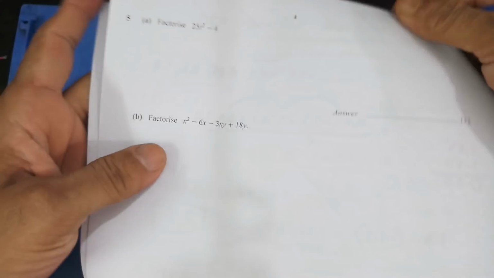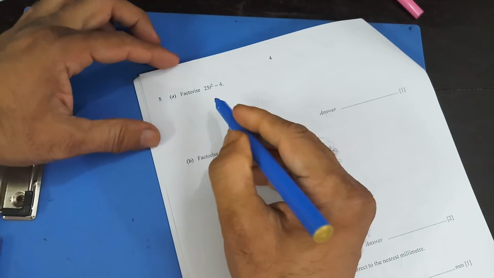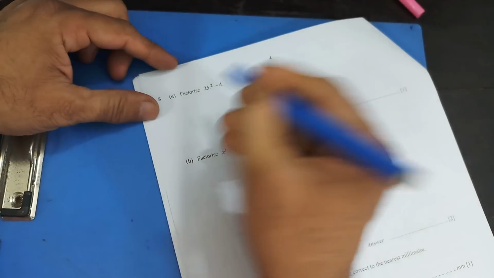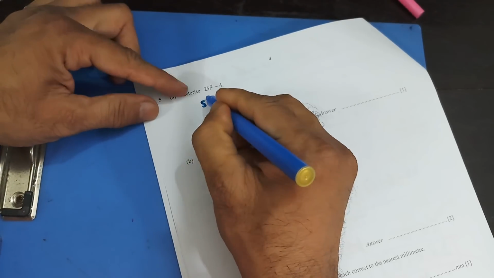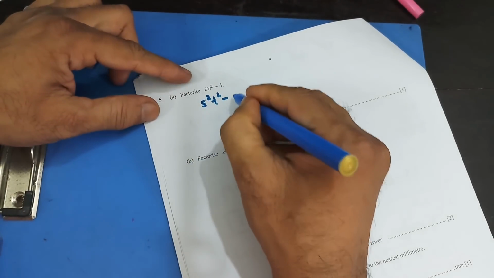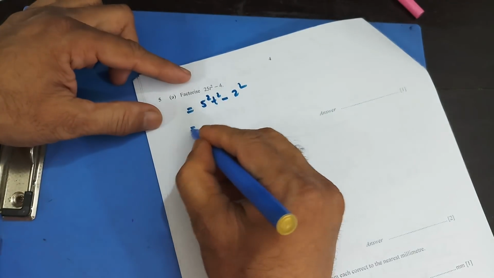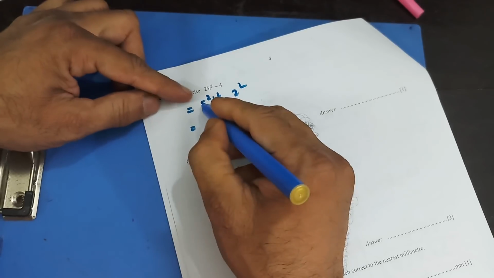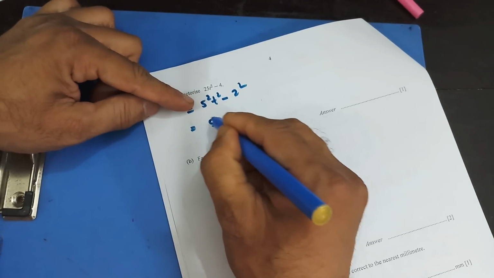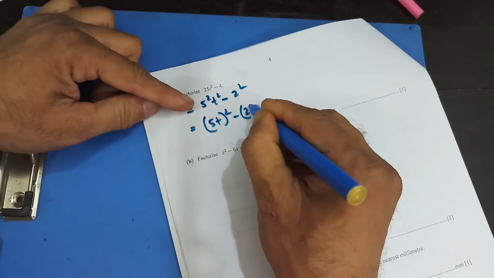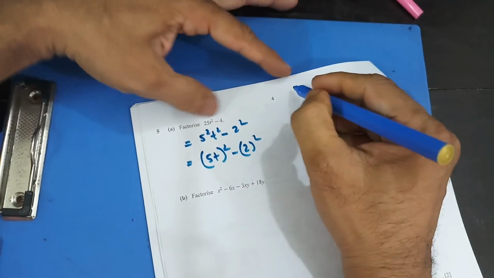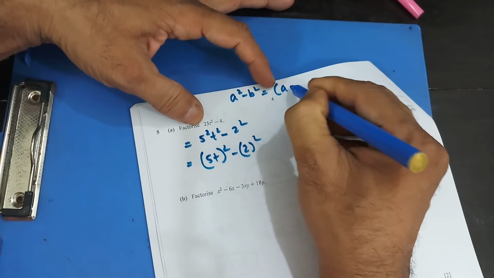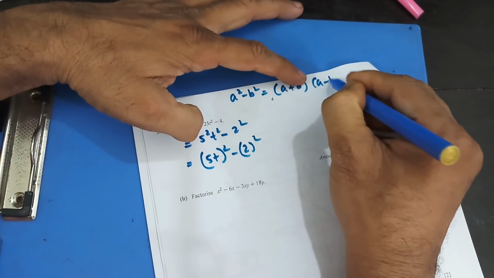All right, let's do question number 5. It says factorize 25t square minus 4. Now 25 is a perfect square, so I can write down 5 square t square, and 4 is a perfect square, 2 square. Both have the same power, so we can take the power common and put it in the bracket, using the formula a square minus b square, which means a plus b, a minus b.